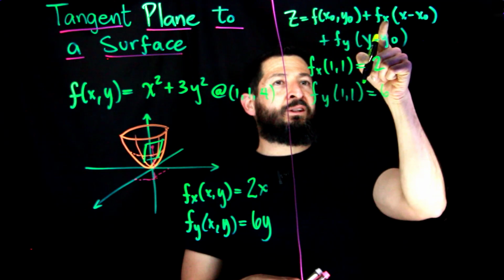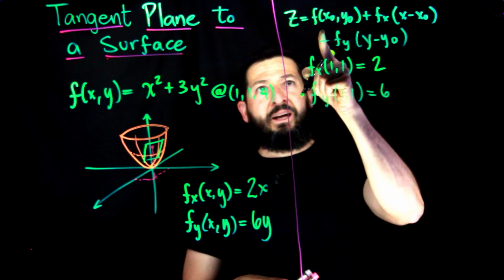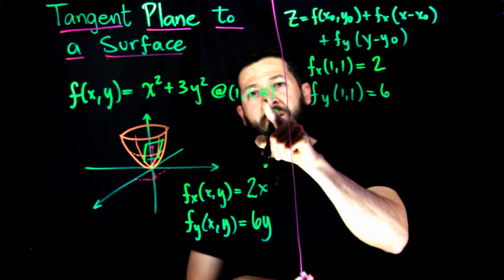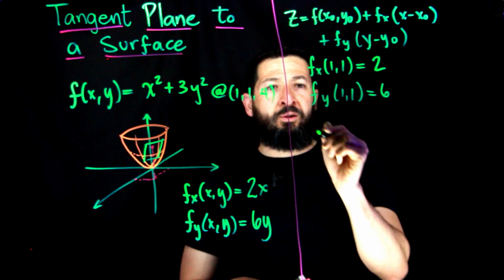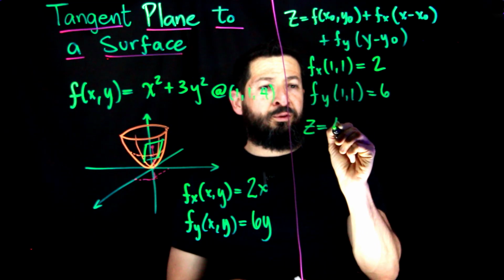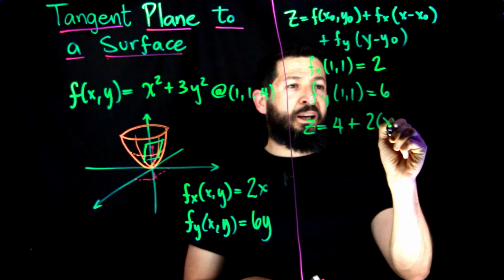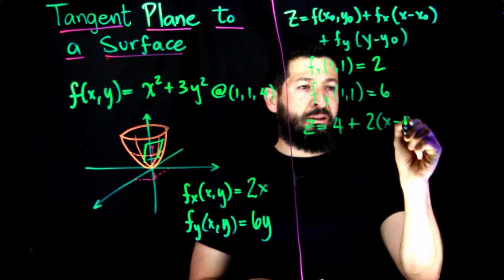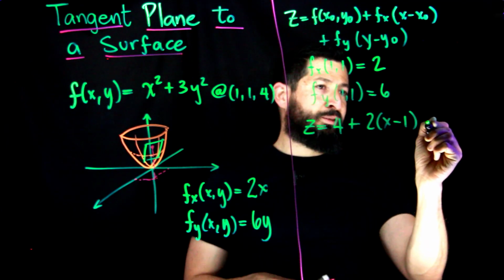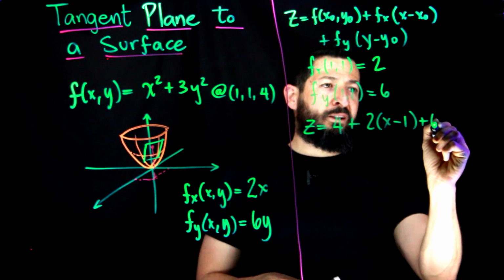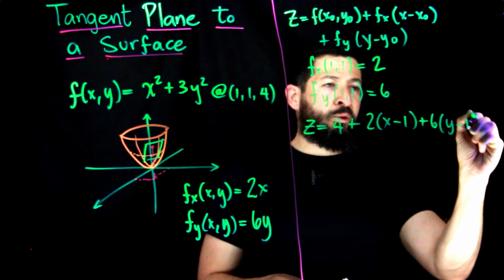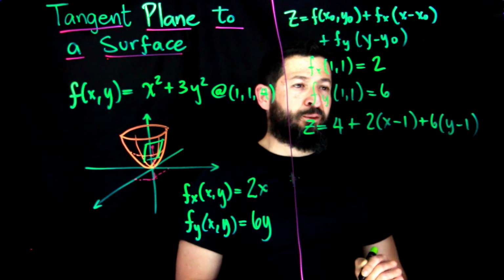So this coefficient is 2, this coefficient is 6. And now f of x0, y0 was 4. So z equals 4 plus 2 times x minus 1, plus 6 times y minus 1, because y0 is 1 as well.